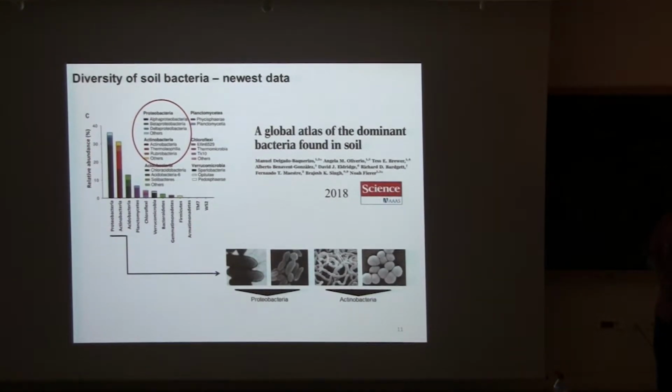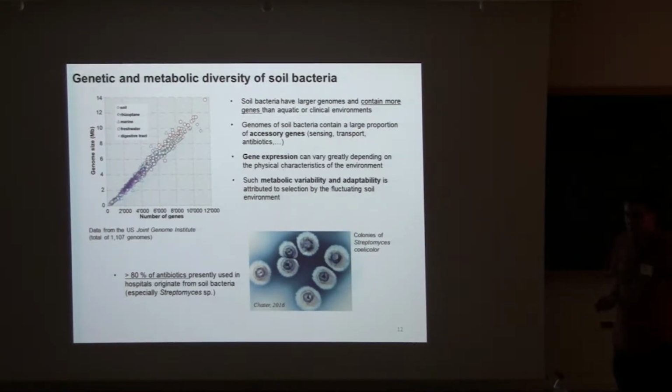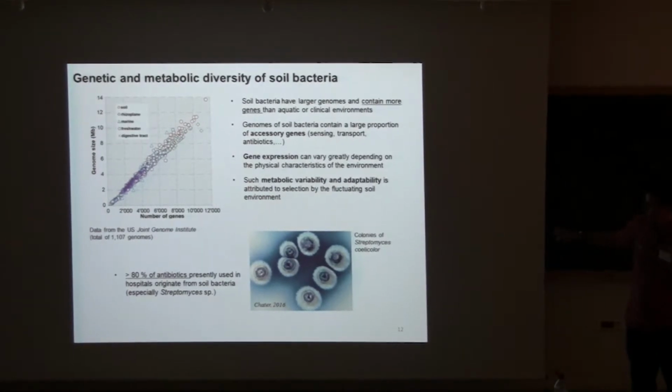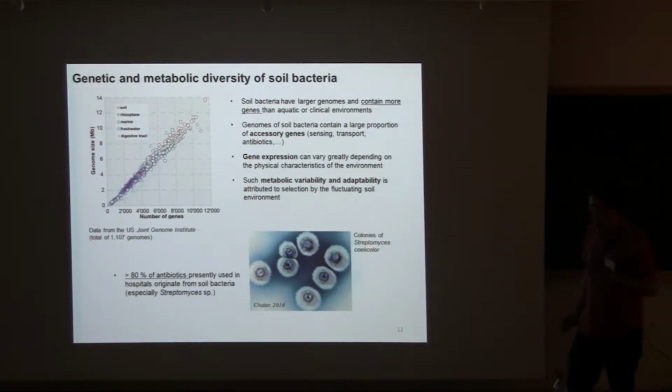And something interesting about soil bacteria is that they tend to have larger genomes and more genes than the bacteria that come from aquatic environments, for instance. So on that graph, I've plotted data from the US Joint Genome Institute. More than 1,000 whole genomes, so full genomes from individual strains and organisms.